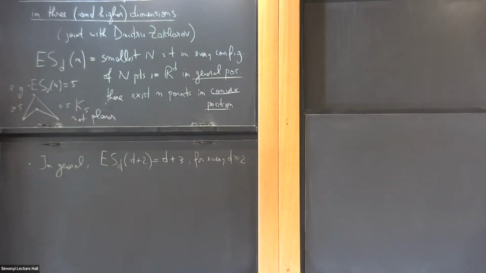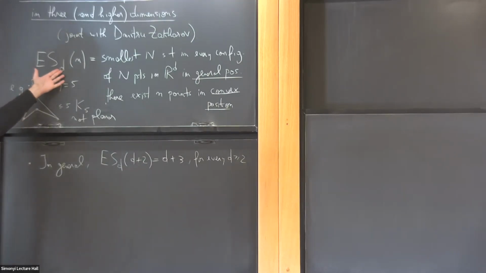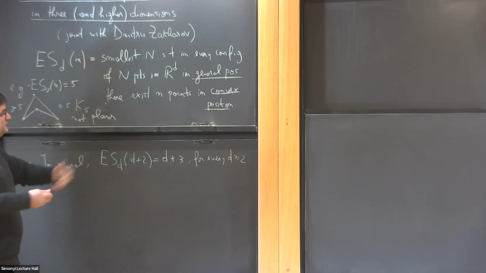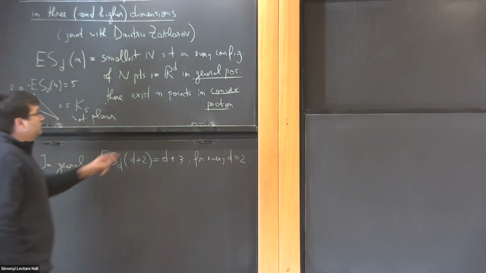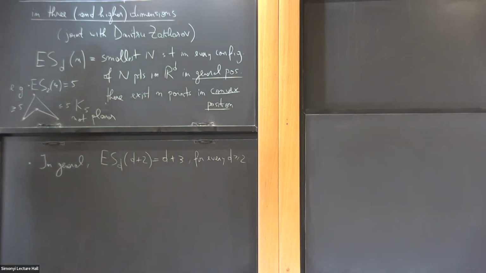And if by chance you're seeing this function for the first time, it should not be a priori clear that this number should exist in the first place. In other words, given any choice of little n, why should it be that if you take sufficiently many points in d-dimensional space, then you always have n points in convex position?